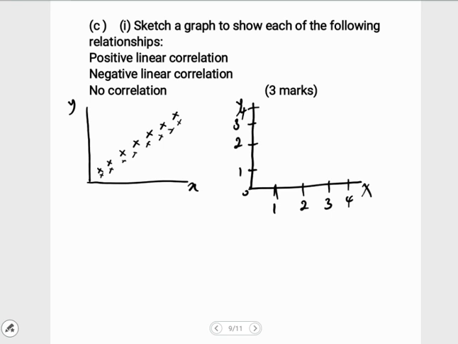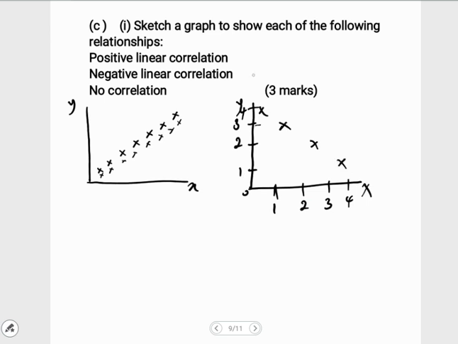So if we have a graph like this, when y is equal to 4, x is equal to 1. When y is equal to 3, x is equal to 2. When y is equal to 2, x is equal to 3. When y is equal to 1, x is equal to 4.